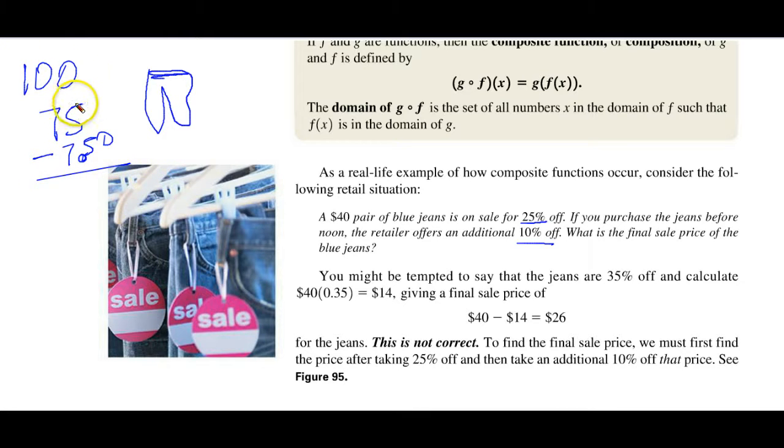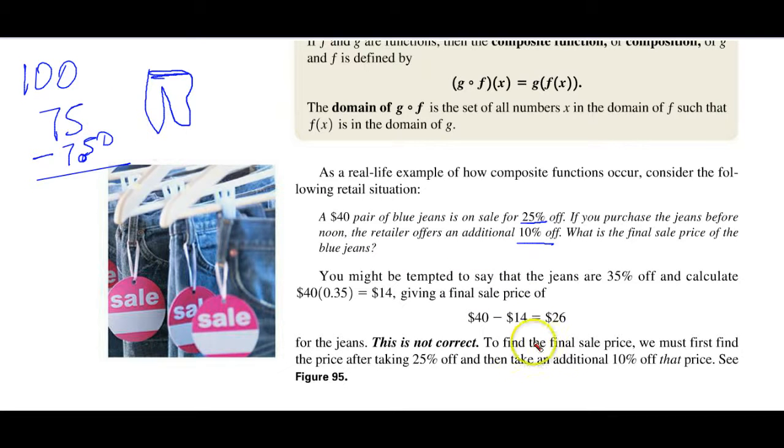So you get an initial price, take that value, put it into the next machine, which is a 10% off, and then that gives you your end price. Okay? So, let's say you get 35% off, but it's not quite 35% because it's gone down initially by 25%.